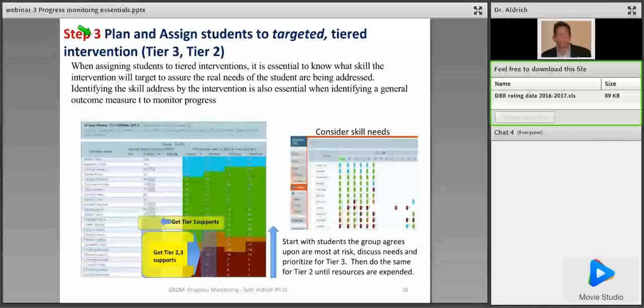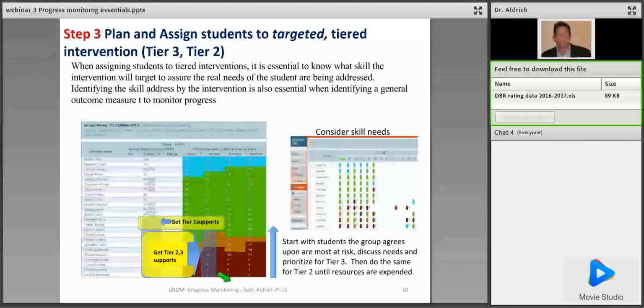But when we're at step 3 of the data meeting, and this typically occurs in the fall, we go up the list, whether this is AimsWeb or FastBridge or STAR, or I believe iReady is coded the same way. Many of your data management tools will code kids who have significant needs in red.